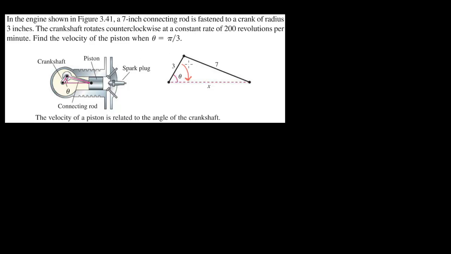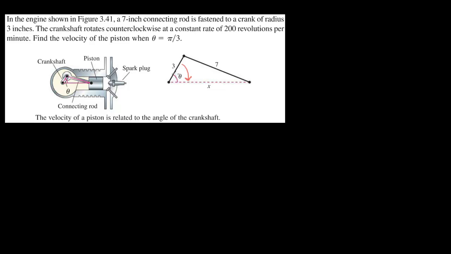As that crankshaft rotates counterclockwise, clearly it pushes this connecting rod further away, which makes this distance x change. Makes it expand. But connected right here would be the piston. And so we're asked for the velocity of the piston when theta is pi over 3.